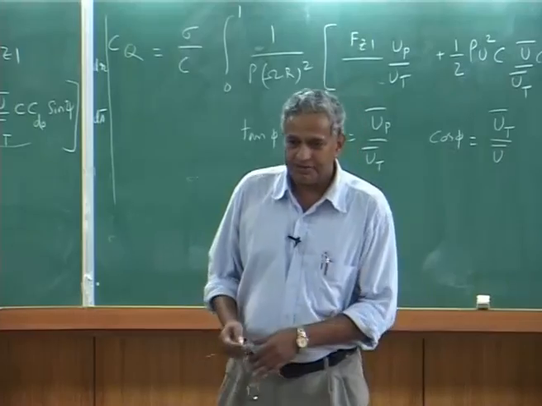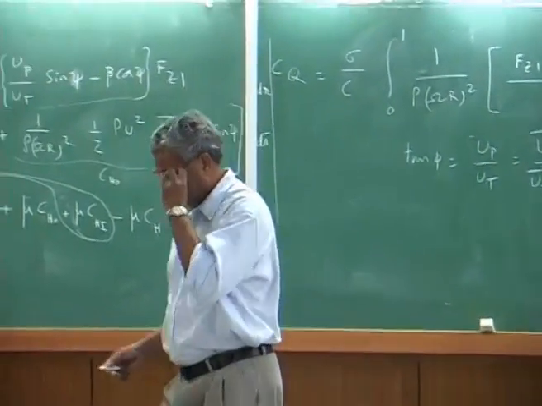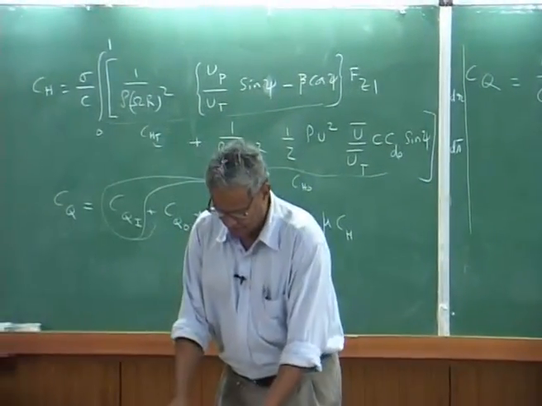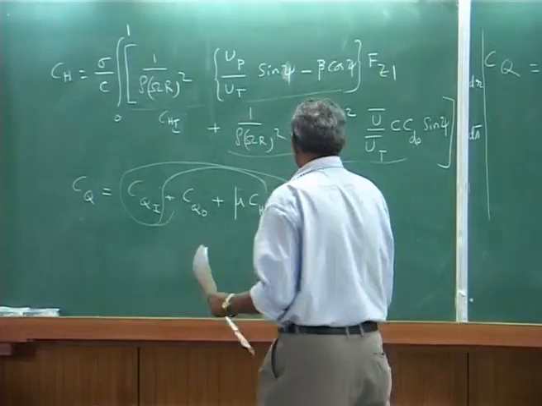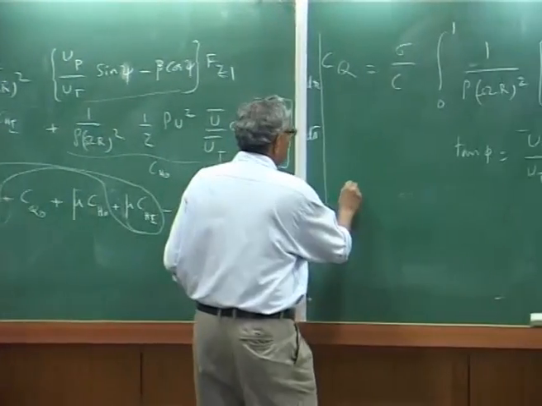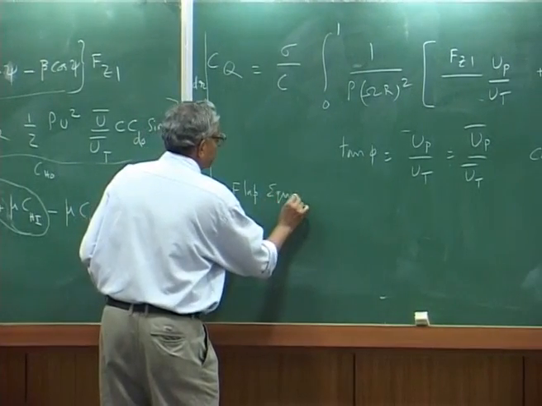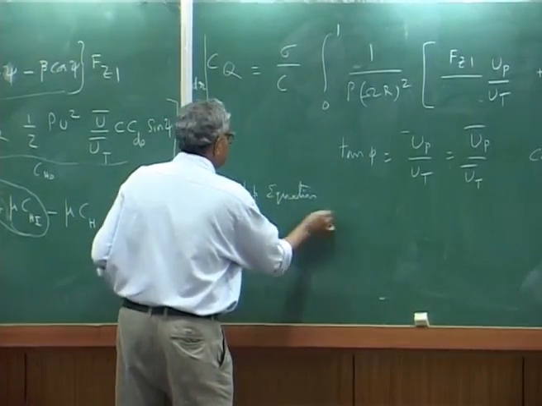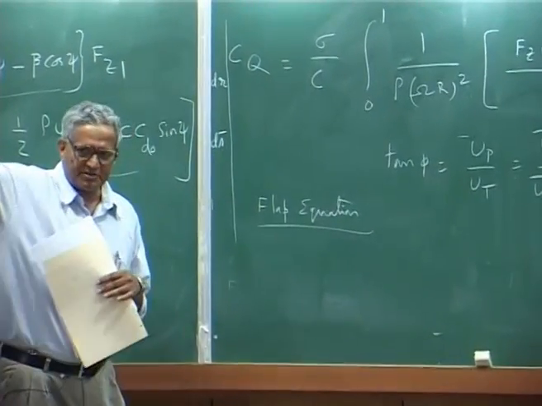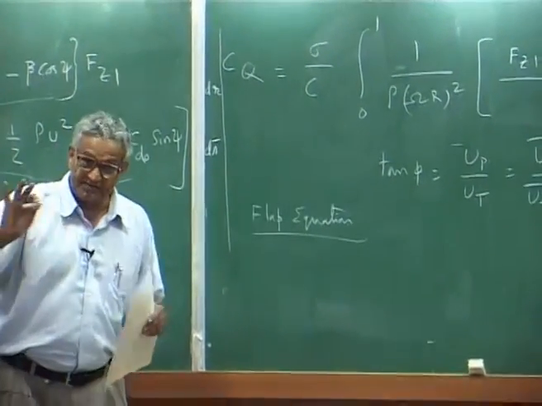Usually the flap equation, I am just writing it here, this is the flap equation. It is a general flap equation, let us assume that it is a rigid blade, whatever we made, some hinge offset, everything.